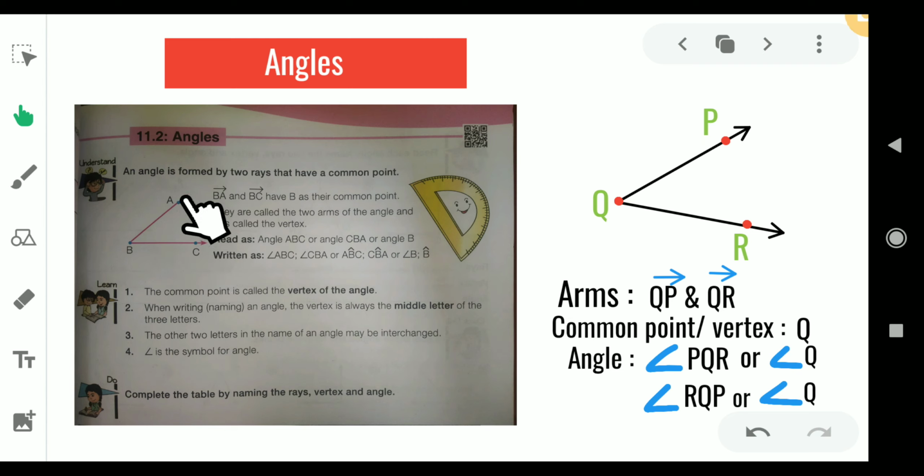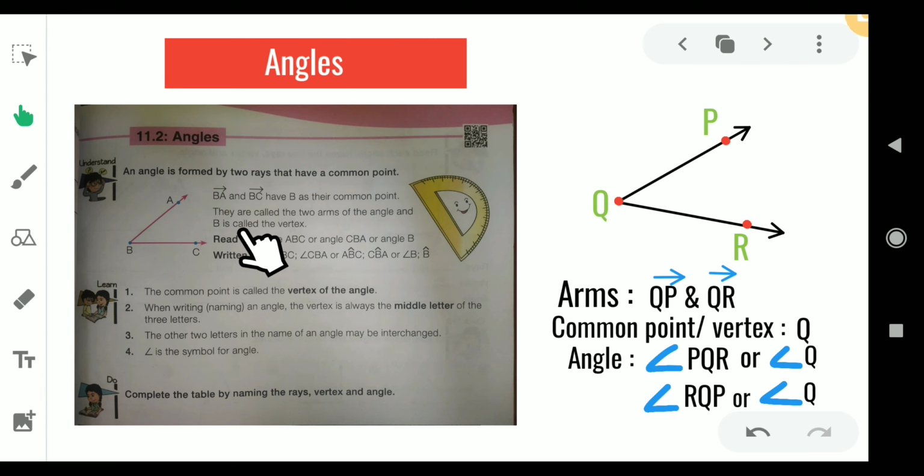BA is the first arm and BC is the second arm. Next, B is the common point. This is where BA and BC rays meet. So this B is the common point and it is also known as the vertex of the angle.